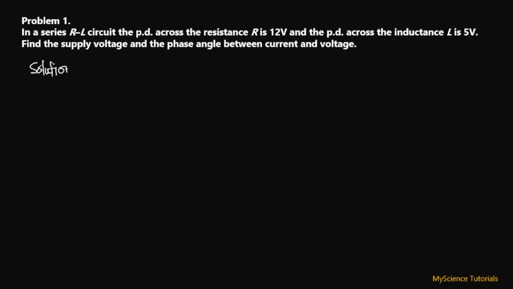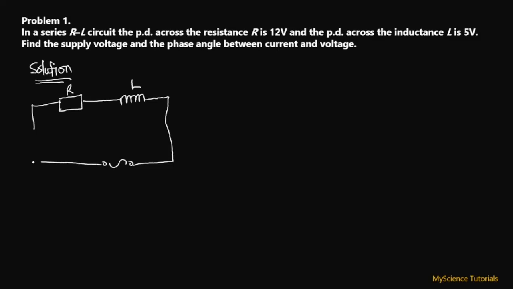For us to enhance our understanding, let me draw this particular circuit. So we have a resistor R over here, and then we have an inductor L over here, and then this is connected to an AC source that has a voltage, applied voltage, this has a current, and then we are saying that the voltage across the resistor is 12 volts.